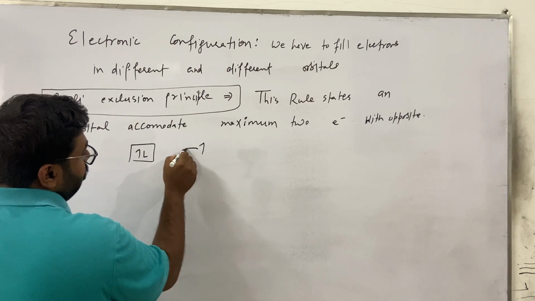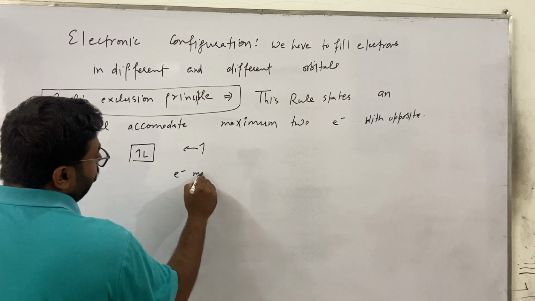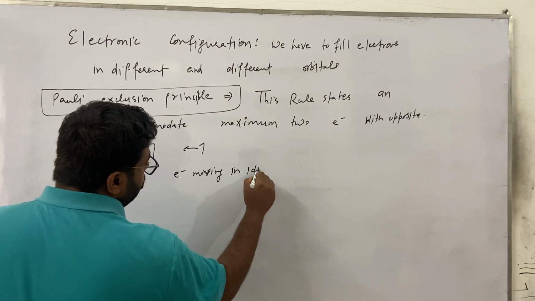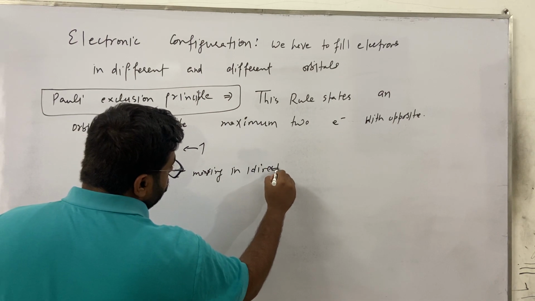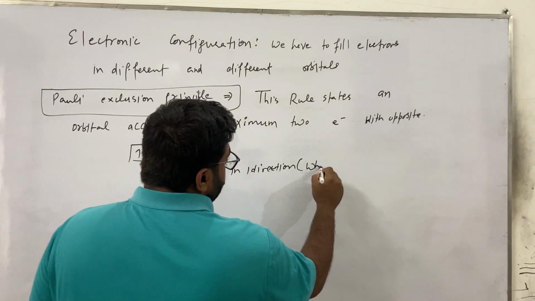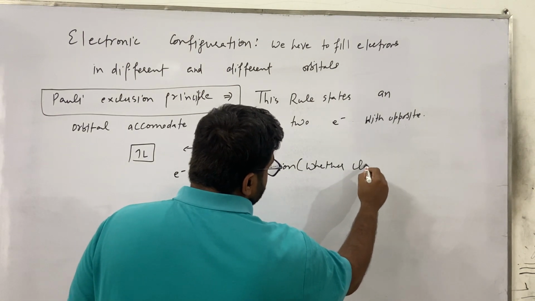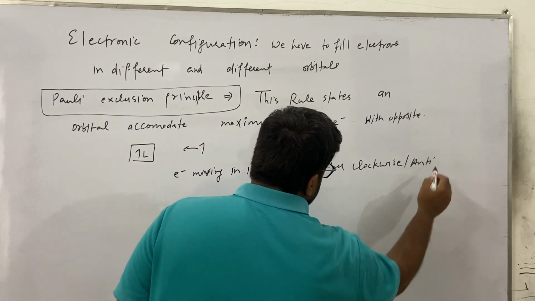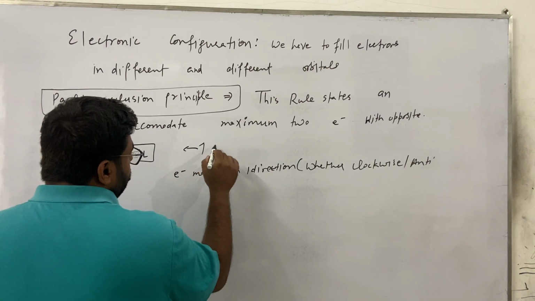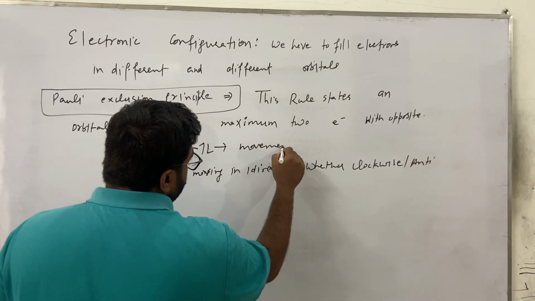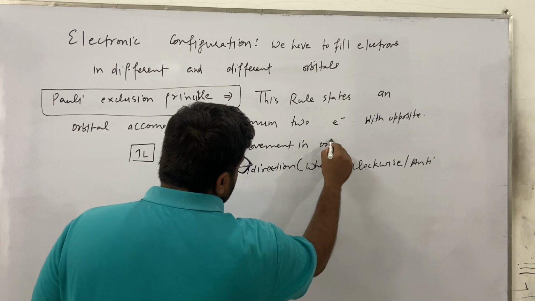This represents an electron moving in one direction, whether clockwise or anti-clockwise, and this also represents the movement of an electron in an orbital.